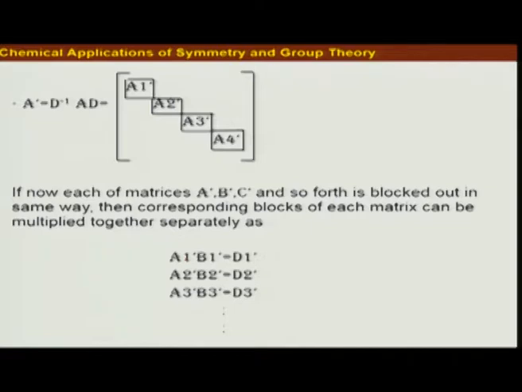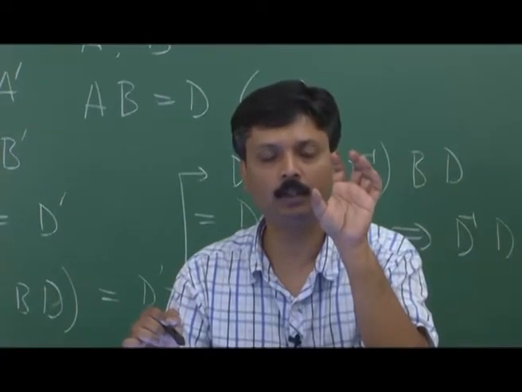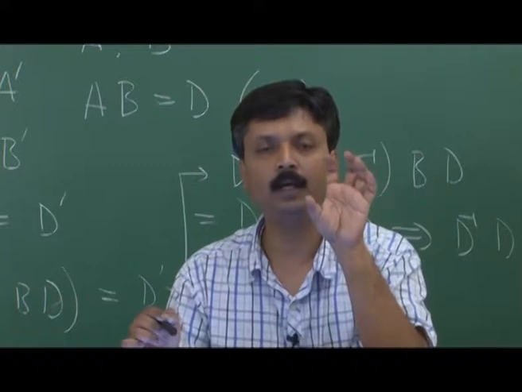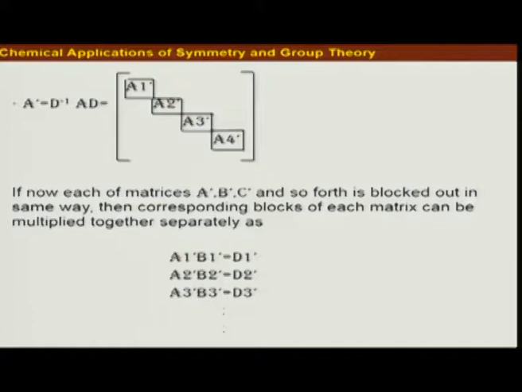How? Because we have just seen that for matrices which are block factored in the same way, we have to just consider each individual block and multiply it with the corresponding block in another matrix. So here, if I have to find the matrix form of D prime, then I just have to multiply the blocks A1 prime and B1 prime, we get D1 prime, and we can get the other blocks also in the same way.